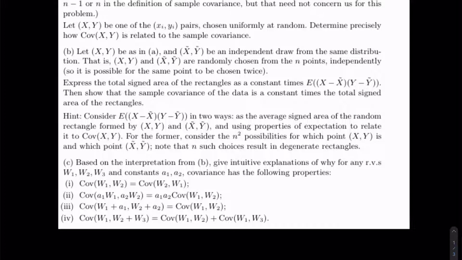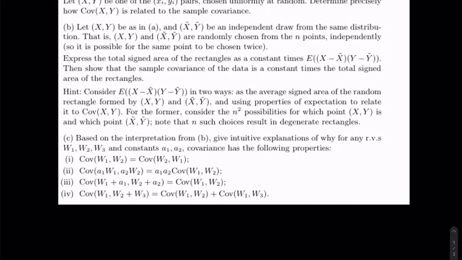And now we are asked to express the total signed area of the rectangles as a constant times this expectation here, okay? And we're also given a hint. We're considering this term in 2 ways: as the average signed area of the random rectangle, and also as using the properties of the expectations to relate it to the covariance.